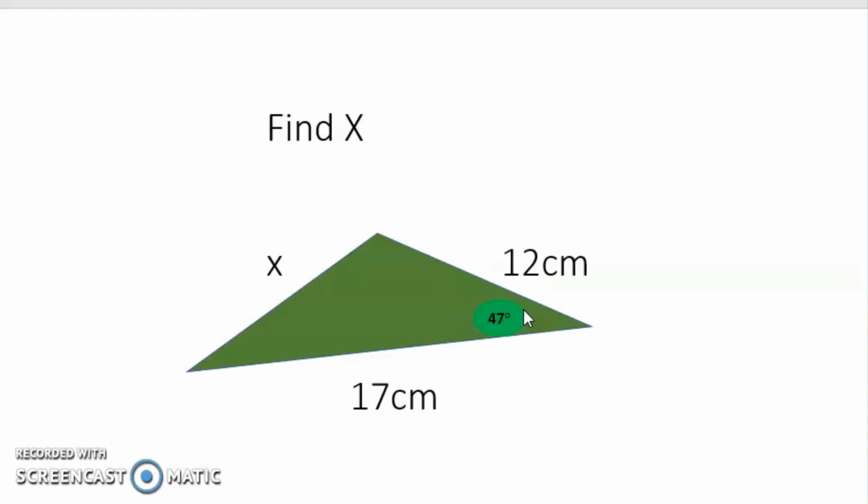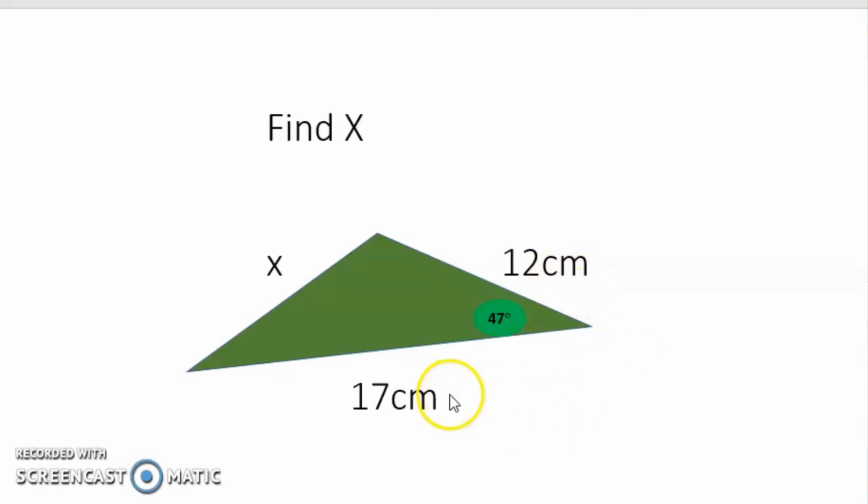Why are we going to use the cosine rule? We are going to use the cosine rule because two sides and an angle in between the two sides are given. Please note, you use the cosine rule when two sides and an angle in between the two sides are given. This is side, angle, side.